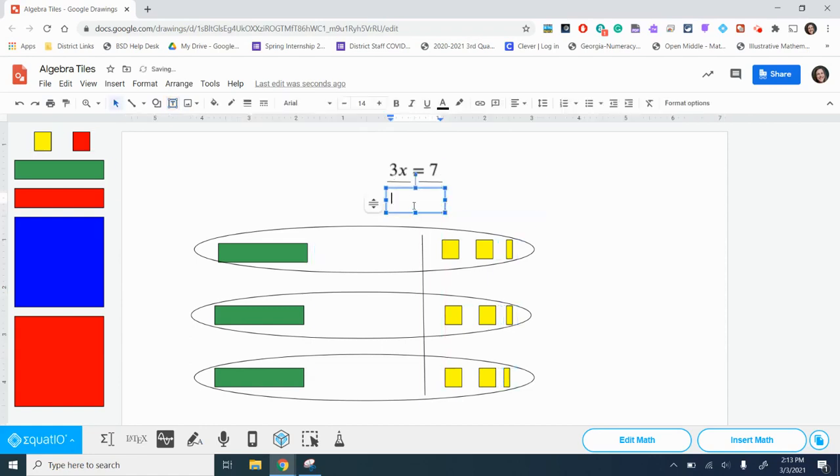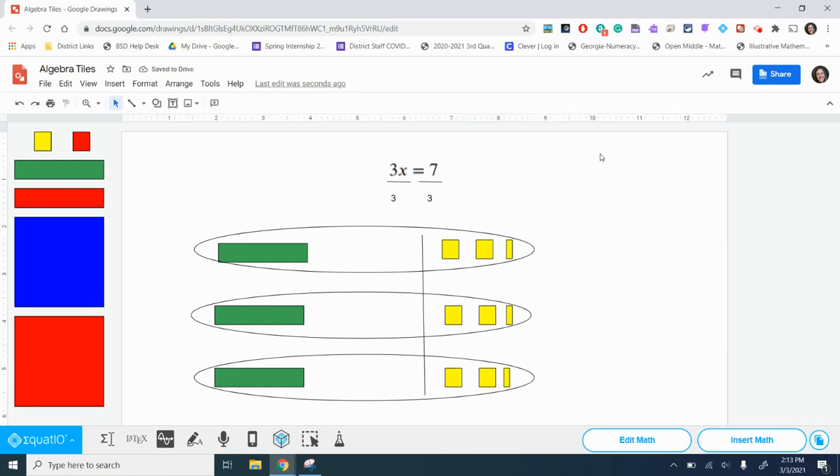So we're going to notate that we have divided, and we've divided this into 3 equal groups. So 3x equals 7 divided into 3 equal groups. 3x divided by 3 is 1x. 7 divided by 3 is 2 and 1/3.